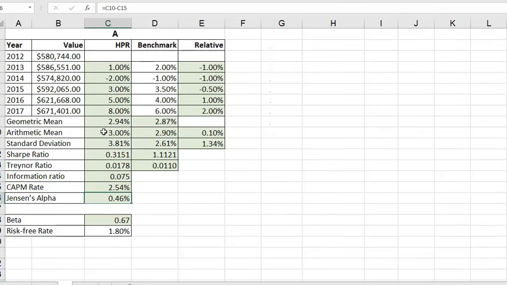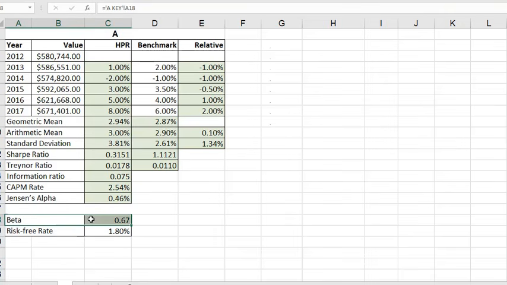Now notice here, if we just look at the absolute returns between our portfolio and the benchmark, what do we have? We generated 3%. Our benchmark generated 2.9%. So we beat the benchmark by 0.1%, but that's not on a risk-adjusted basis. That's 0.1% more than the benchmark, but we were less risky down here, as indicated by beta.